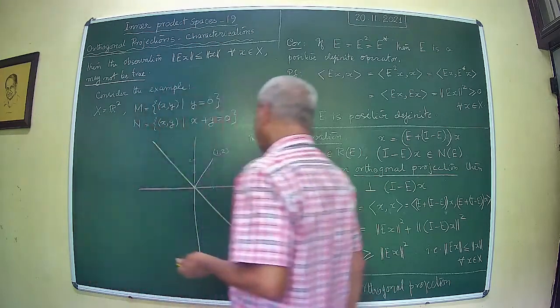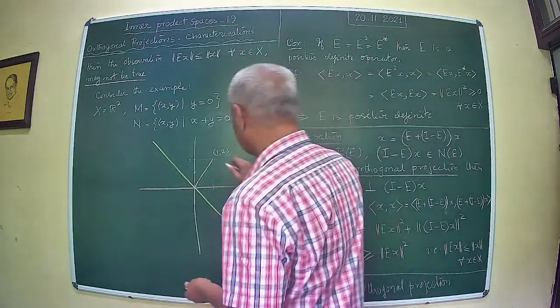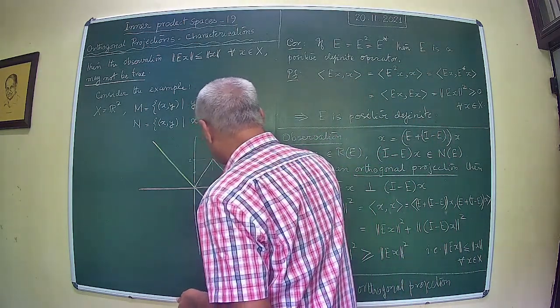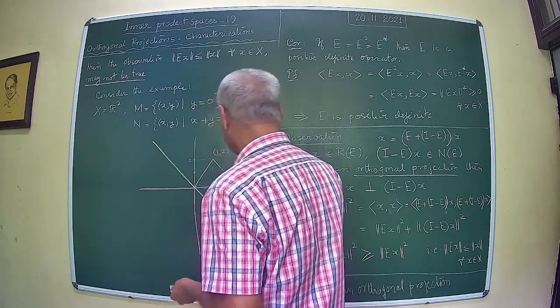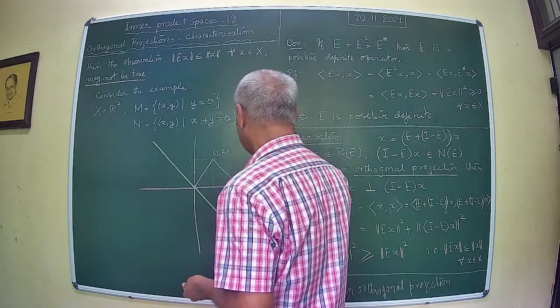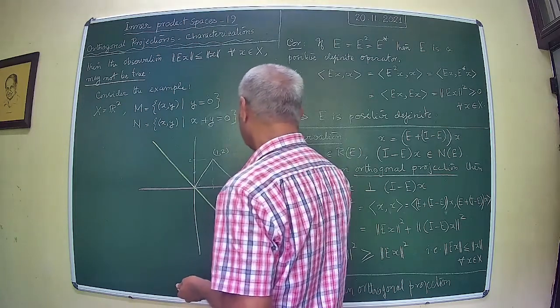Let me take the vector 1, 2 and find its projection onto the space. What is that going to be? You draw a line parallel to this and you will see that the projection is essentially the vector 3, 0.